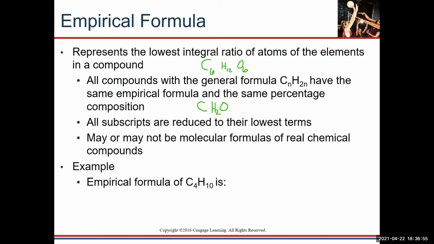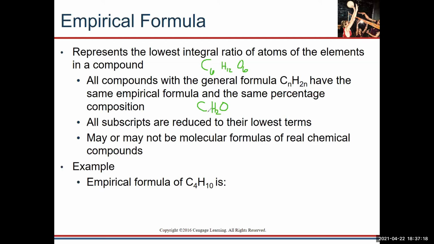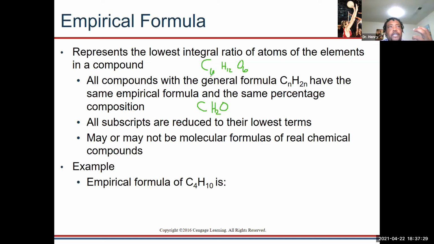Why did you say the 2 is there? Because 12 divided by 6 is 2, and if there's nothing there, that means it's 1, right? So the concept is to divide by the lowest number within the formula, so it gives you the lowest possible integral ratio.